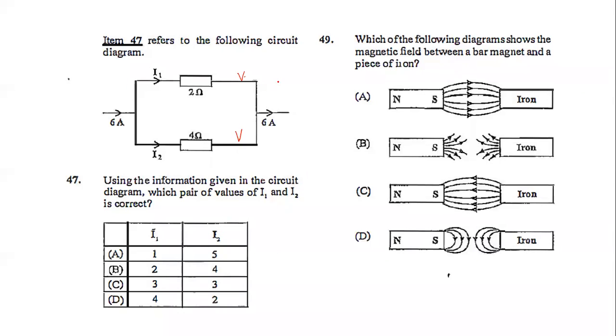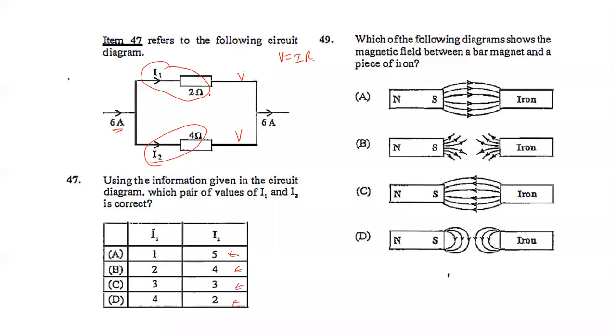And we know that V is equal to IR. It simply means that when you multiply your I value by your R value, and this I value by the R value here, it should equal the same answer. At the same time, the two I values, when you add them together, must equal 6. If you look at all the options, they all add up to 6, so that doesn't solve anything for now.